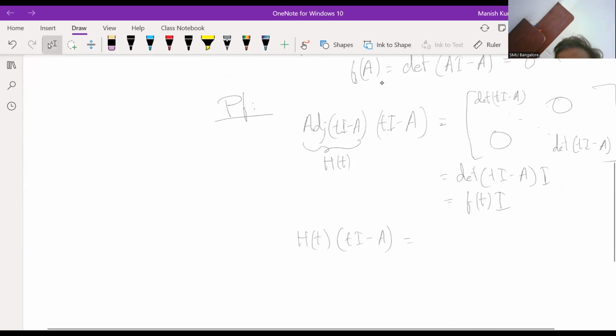So this is t to the n plus a_{n-1} t to the n minus 1 plus, and so on, a1 t and then a0, and one should put I everywhere.